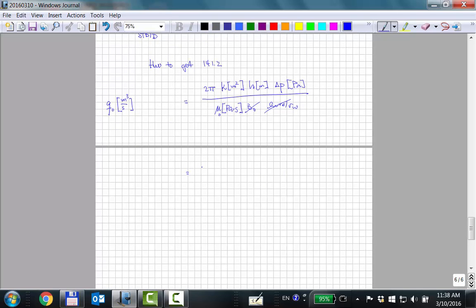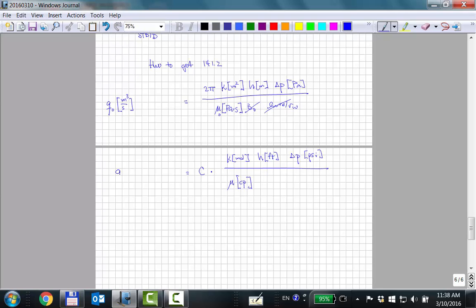What we want to do is have some constant C so that we can input K in millidarcy, H not in meters but in feet, delta P in PSI, and viscosity in centipoise, and that's it.